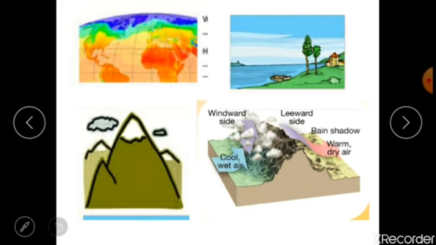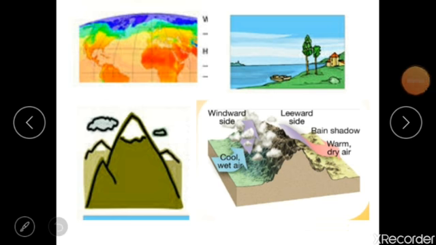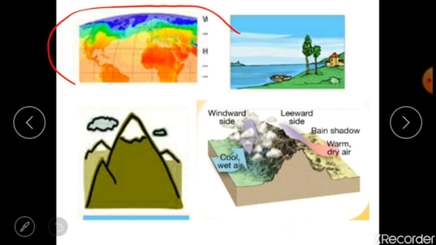Now, before we start the next part, I want you to look at these pictures and tell the relation of these pictures with the climate of a region. You can see that this is a representation of our earth, the globe, depicted with different colors.